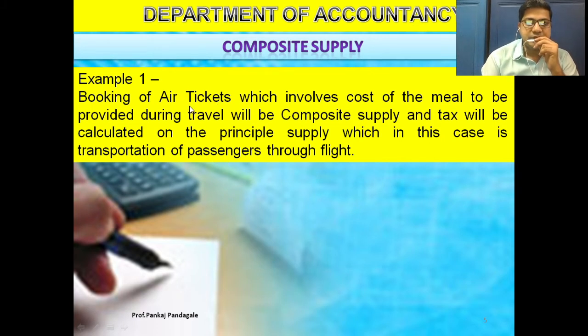For that purpose the air ticket is there, but including the cost of the meal. The air ticket for transporting the passenger is the principal supply, and the cost of the meal is the ancillary supply.